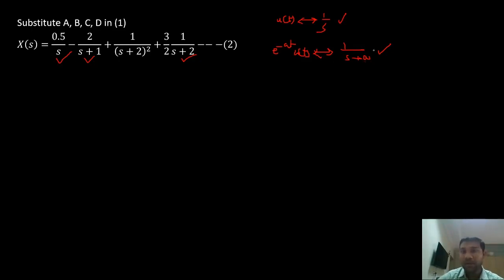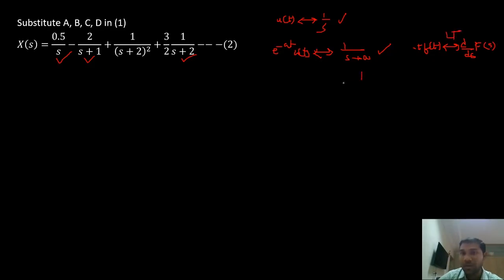So what can we do here for this second term? If I apply differentiation in frequency or differentiation in S domain, right? What happens? What does differentiation in S domain state? Minus t into f of t has the Laplace transform d by ds of f of s.